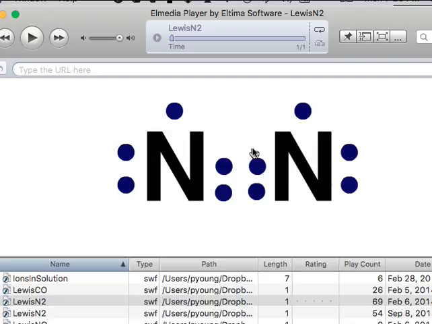If we do this again, we get this structure. How many electrons are around each nitrogen? 2, 4, 6, 8.